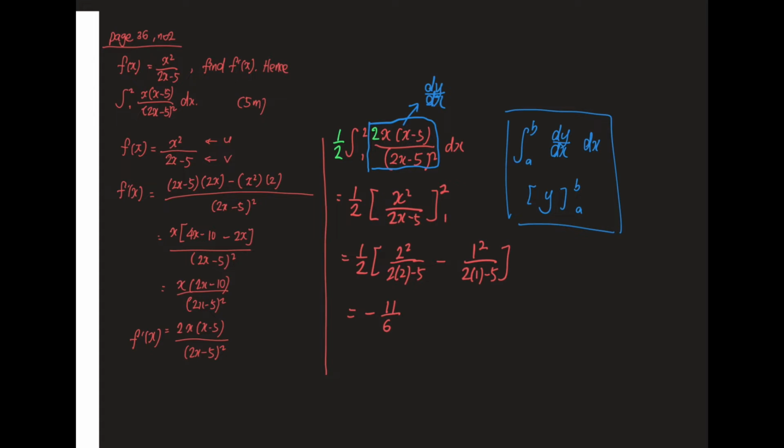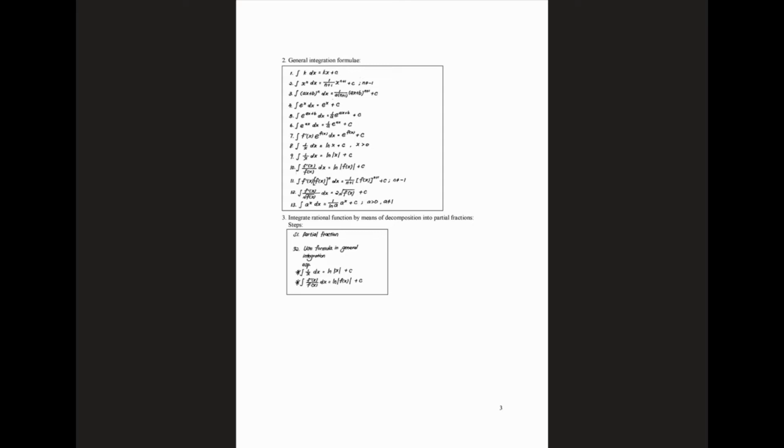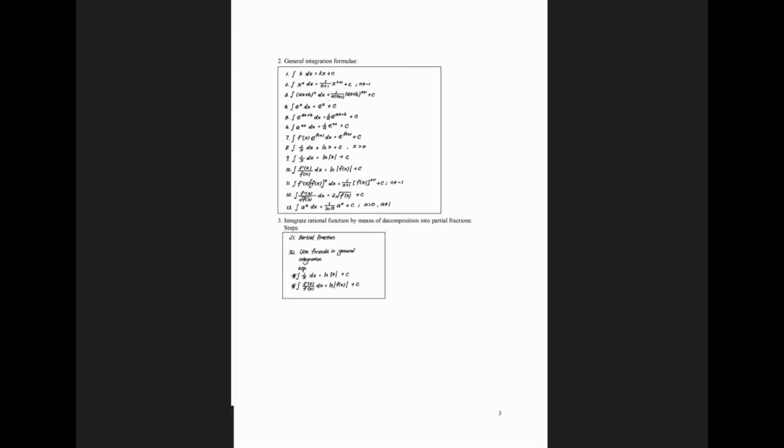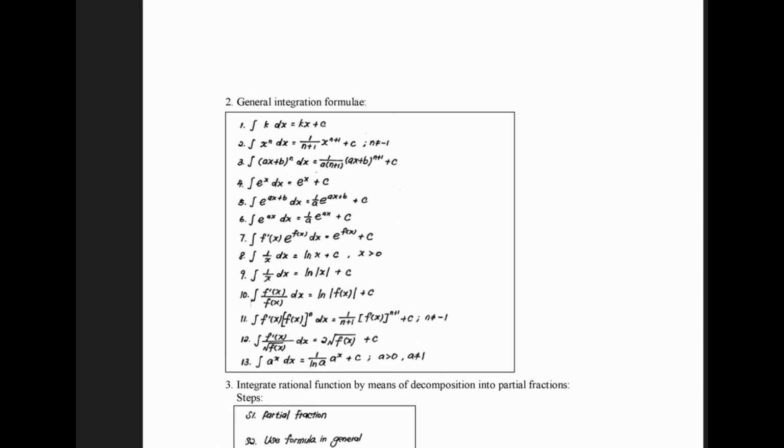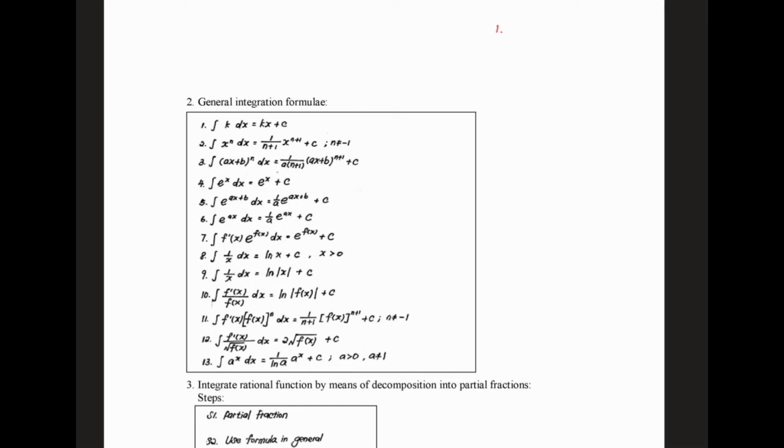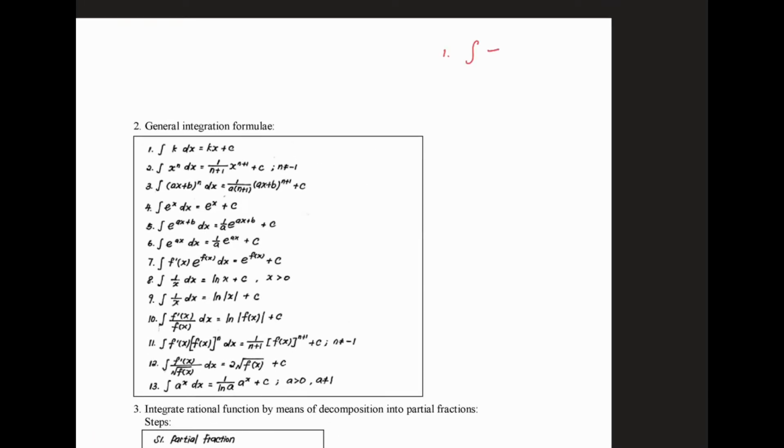We look at the next page. On the next page, we have general integration formulae. The first one: integrate k, you will get kx plus c. One example, if you integrate pi, pi is a constant, and then you will get pi x plus c.